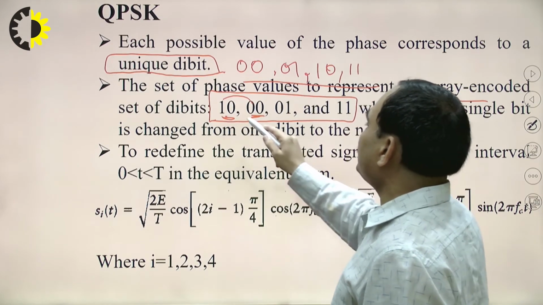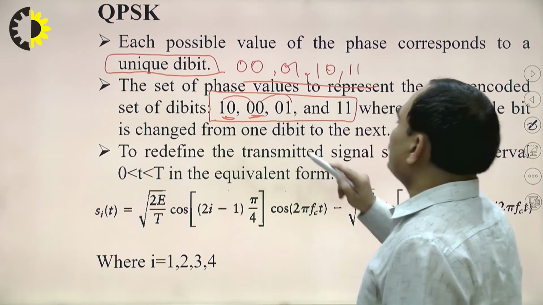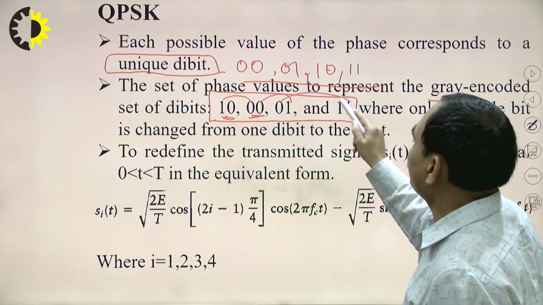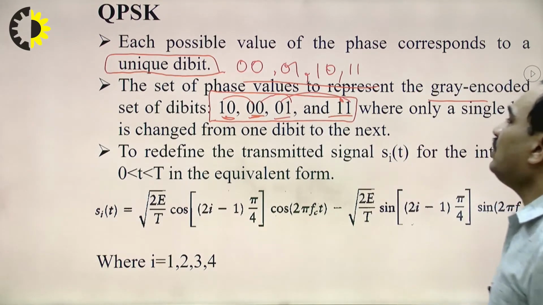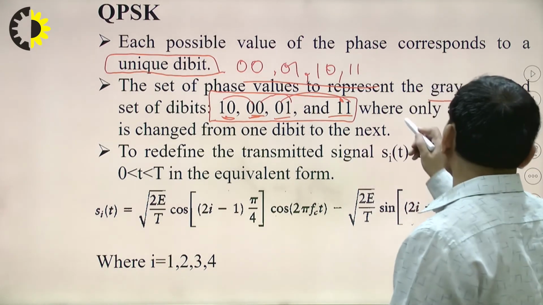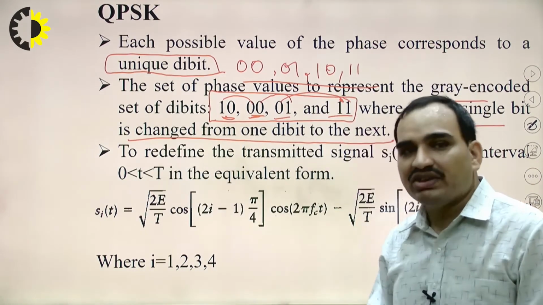Here 00 and 01 are separated by 1 bit. Here 01 and 11 are separated by only 1 bit. As you can see, all these gray encoded dibits differ by only a single bit from one dibit to the next. So this I have explained to you.